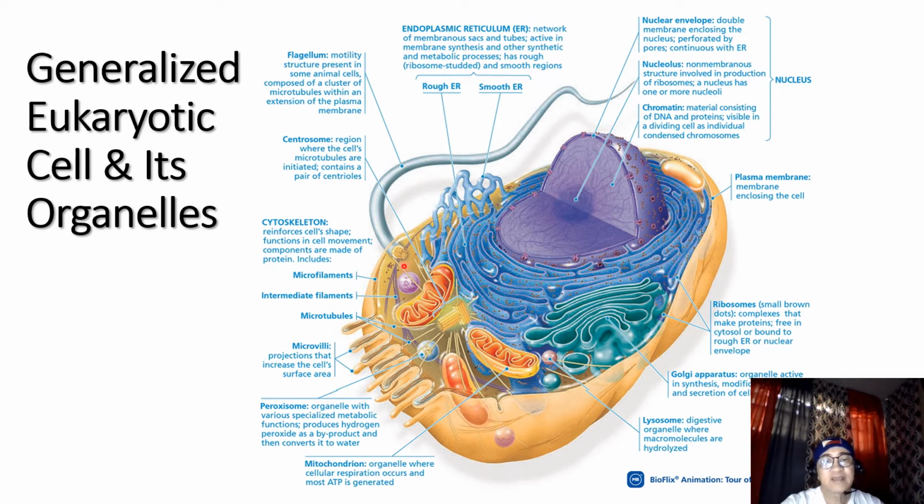Okay, in this illustration, the plasma membrane is shown to possess short finger-like projections called microvilli. This is characteristic of many intestinal cells. The microvilli can elongate or shorten depending on the action of the core of microfilaments inside.